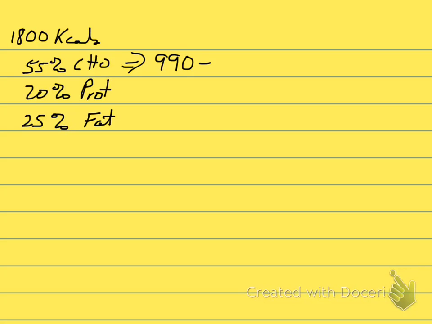To convert that to grams, I need to divide it by 4, and that tells me I have a total target of 247.5 grams from carbohydrate. We're going to forget the 247, and make it 248 just by simple rounding.